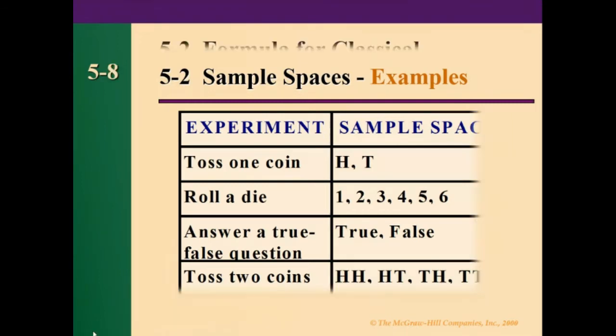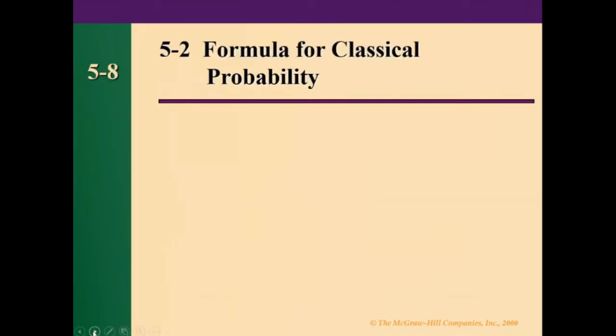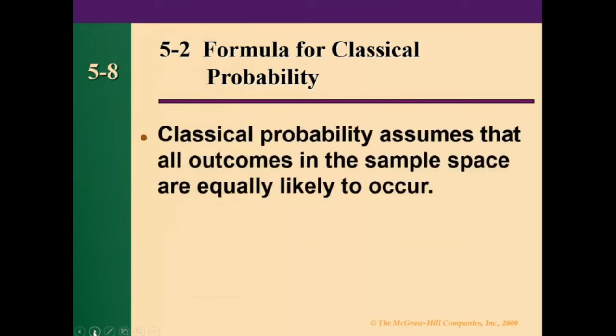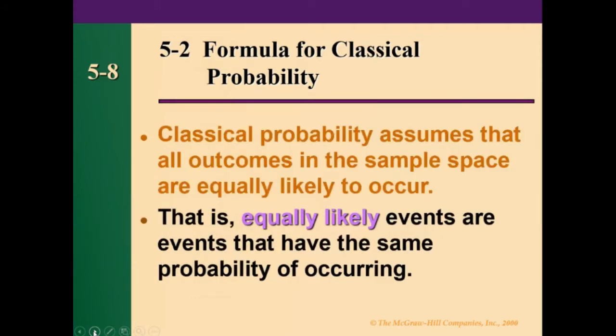Okay. So the formula for classical probability. Classical probability assumes that all outcomes in the sample space are equally likely to occur. That is, equally likely events are events that have the same probability of occurring. So that's why they are called equally likely events.